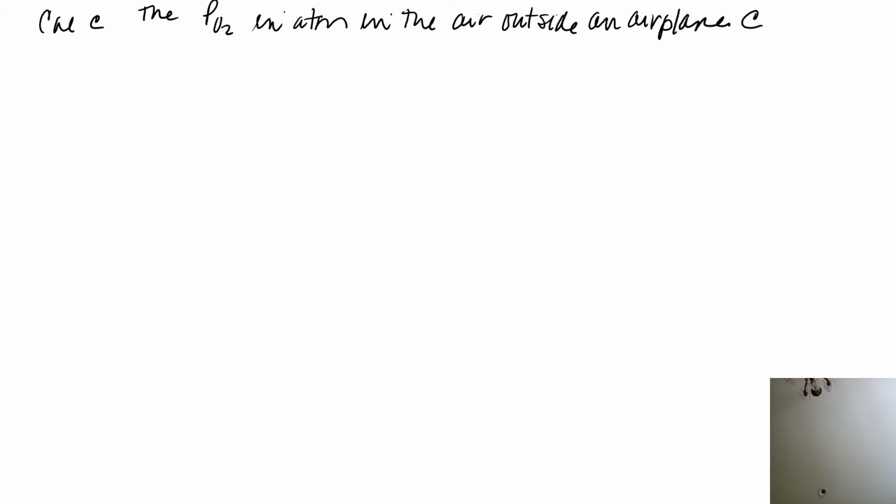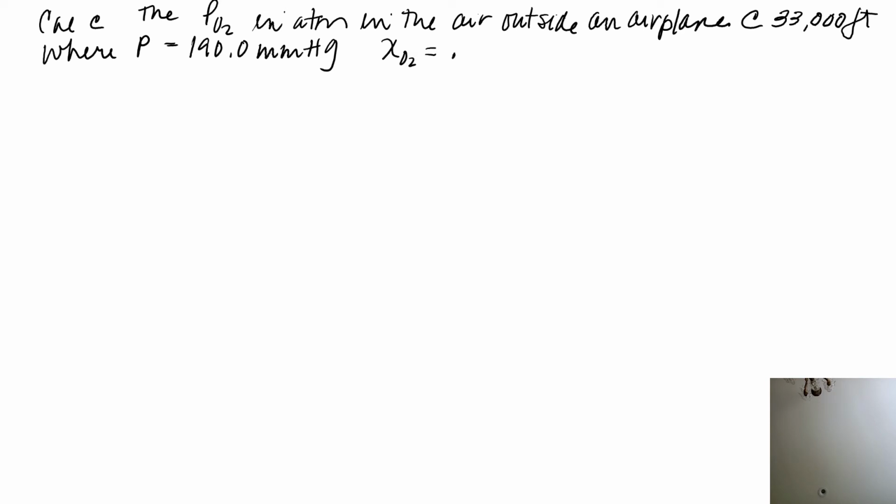And we are at an altitude of 33,000 feet. I think that's a fairly normal cruising altitude, where P equals 190.0 millimeters of mercury, and we are told that the mole fraction of O2 equals 0.209.